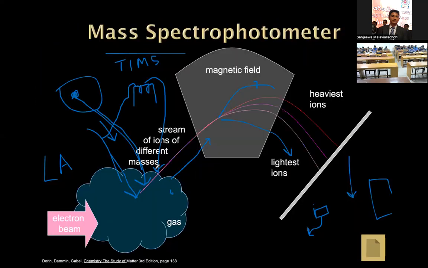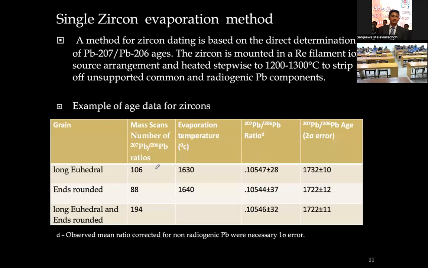So both techniques have been applied to Sri Lankan rocks, and for the single zircon evaporation method, there are some publications given with the zircon grains, right? So all these are coming from zircon grains.